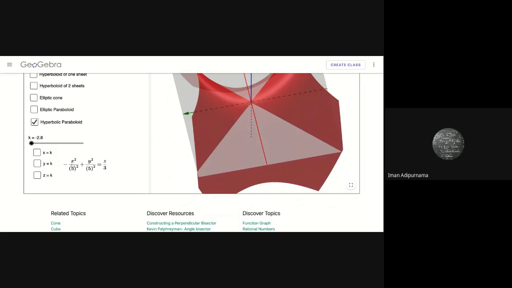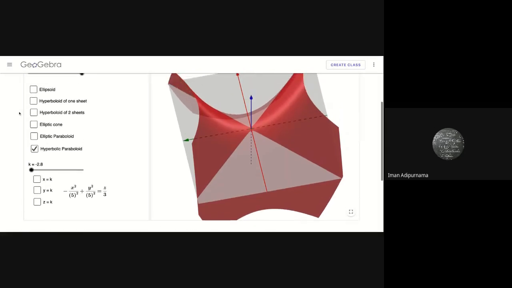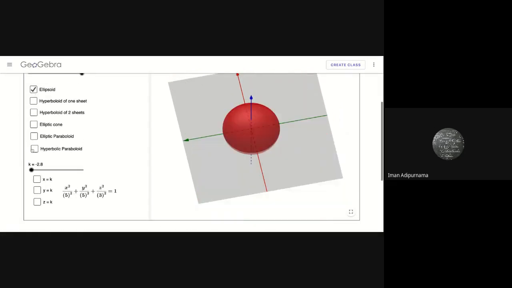So you have this equation now. You will see it has squared in x and squared in y, and then z is not squared, it's just linear. And in x it's negative, in y it's positive. So whenever you find one axis is negative, one axis is positive, and it has squared, then it will be a hyperbolic paraboloid.